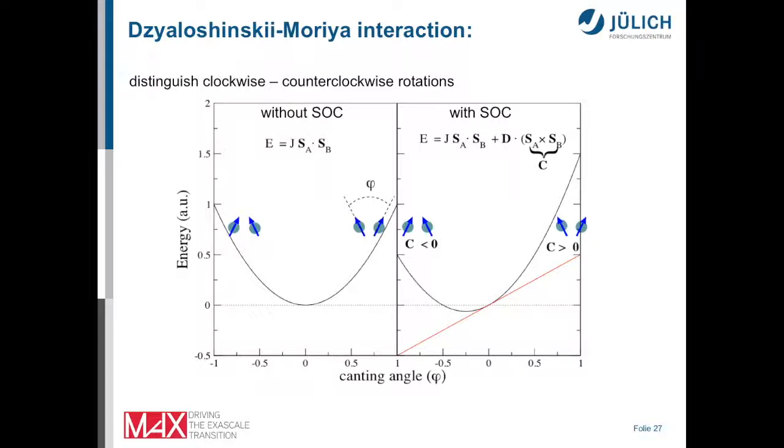But if you turn on spin-orbit coupling, then you get a term which is now linear in this angle phi between the atoms, and you get a canting between the spins A and B, which is preferred with respect to the other.